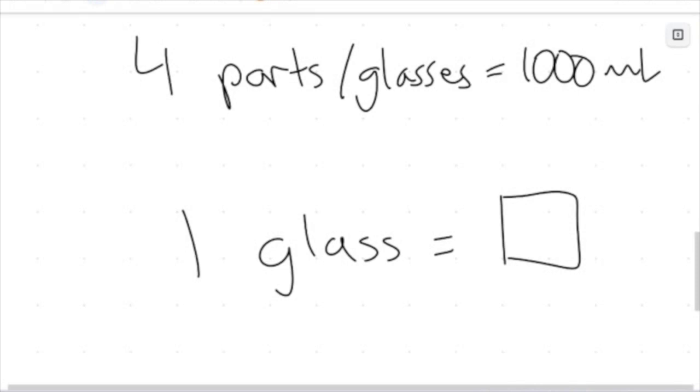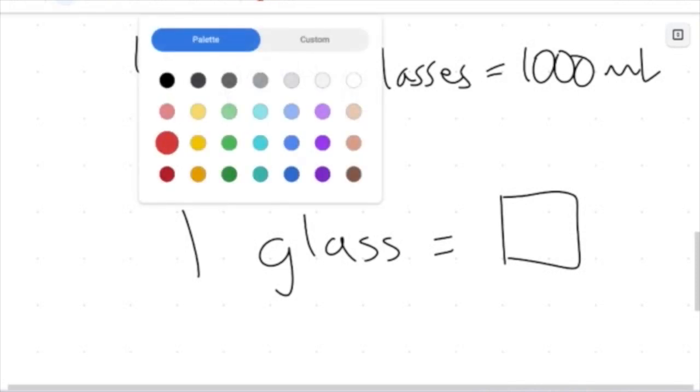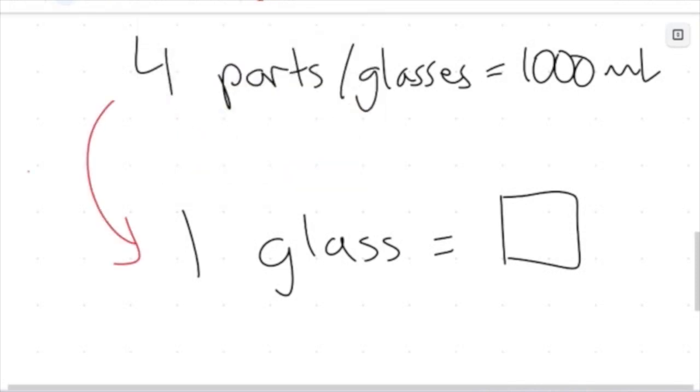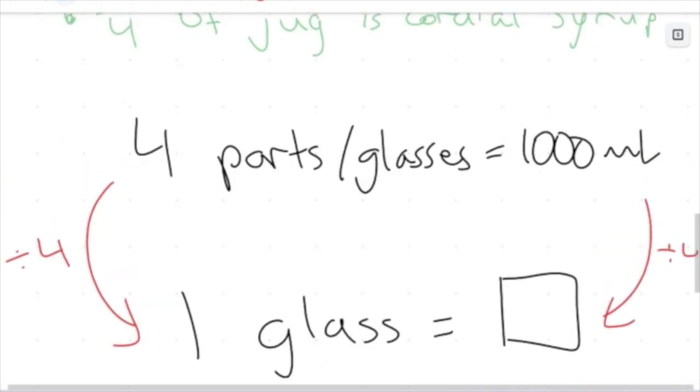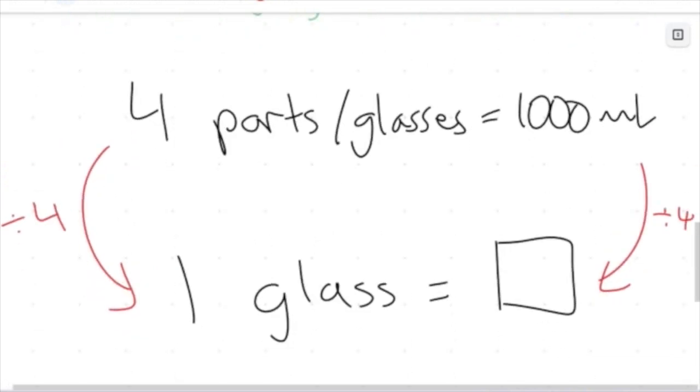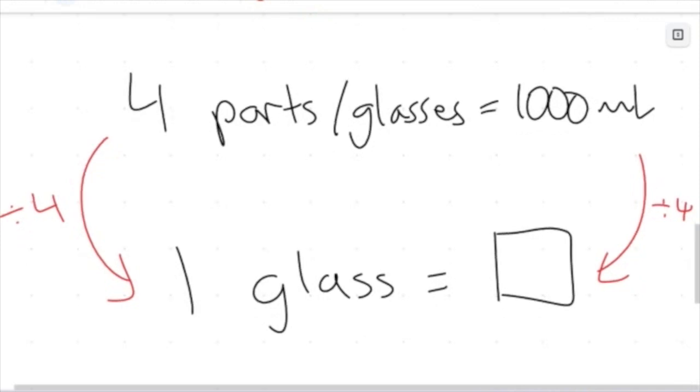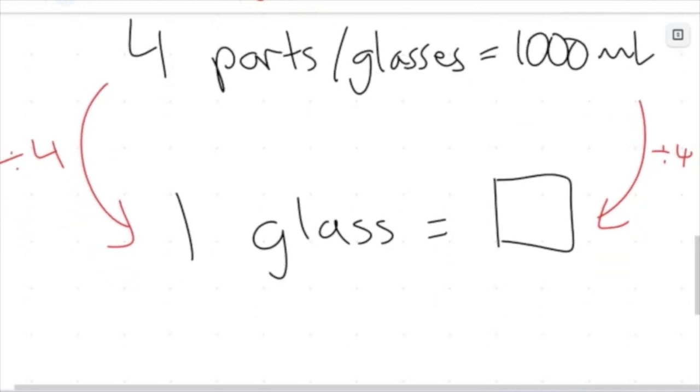So I'm going to be dividing this by 4. And you may see this is hopefully looking kind of familiar to what we called the unitary method in the fractions, percentages, decimals topic we talked about earlier. Now, I've set up this little equation that 4 parts or glasses make up 1,000 mils, my whole.